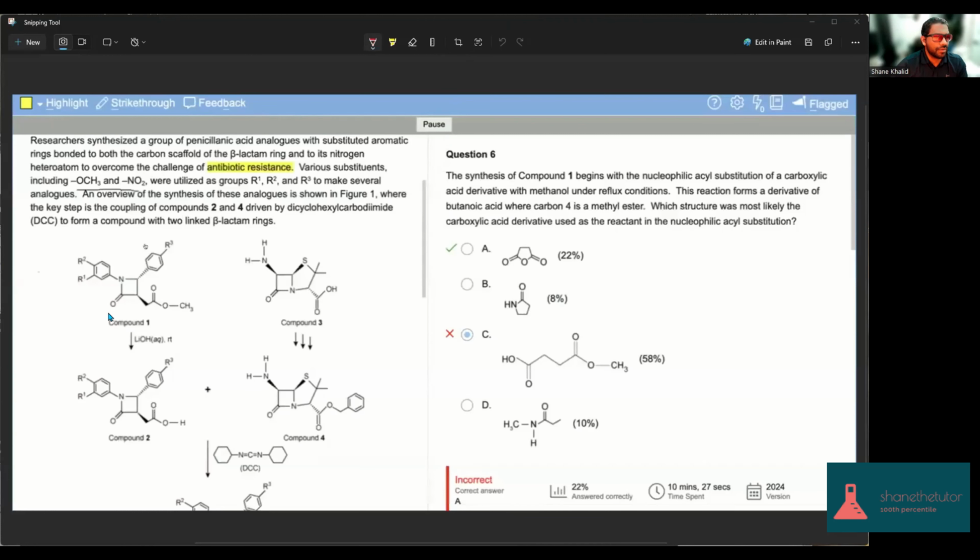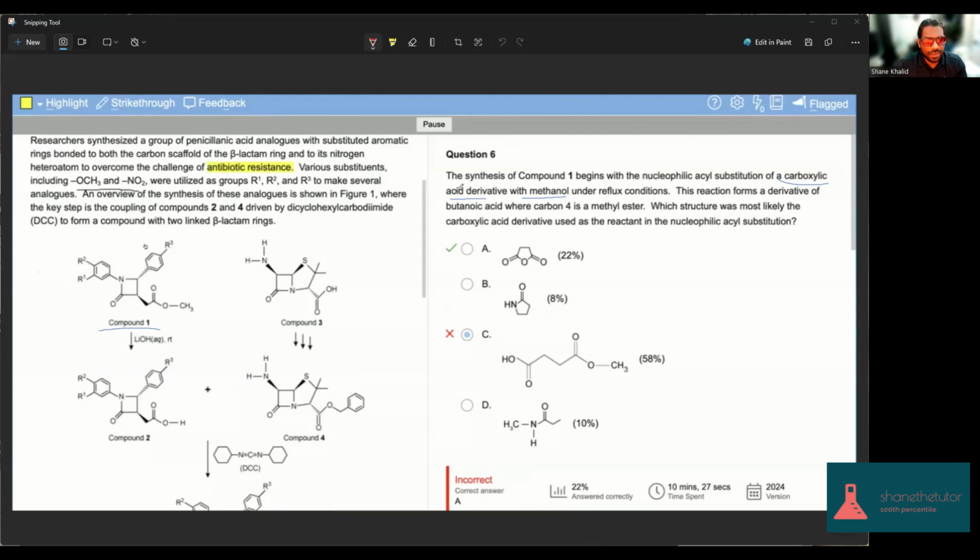All right, I just wanted to go through this again really quickly, let's make sure we understand the question. It's saying that the synthesis of compound one, this guy, begins with a nucleophilic acyl substitution of a carboxylic acid derivative with methanol.